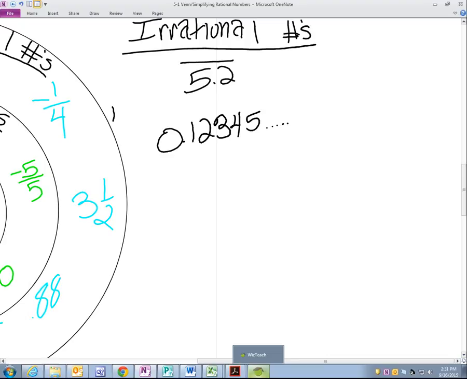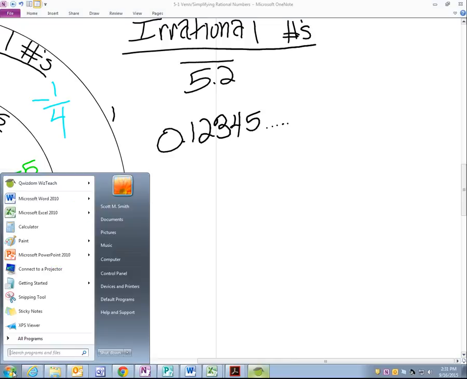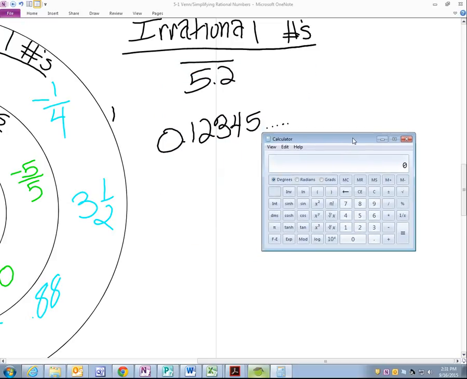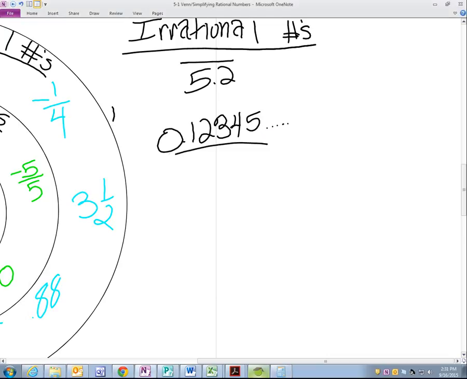Why wouldn't that be under the rational numbers, where 0.88 is? Are you talking about why isn't this one there? Because how are you going to represent that as a fraction? Whereas 88 hundredths is this.